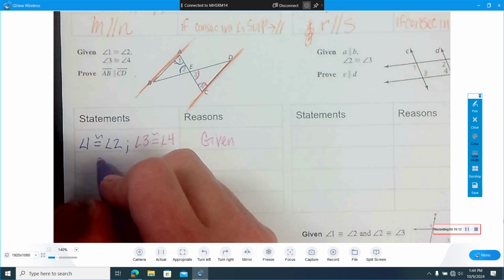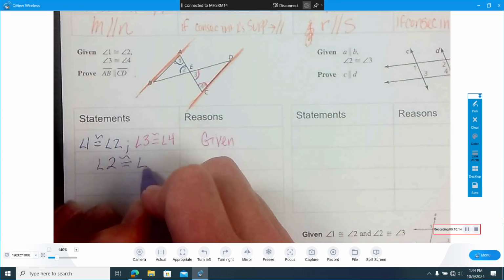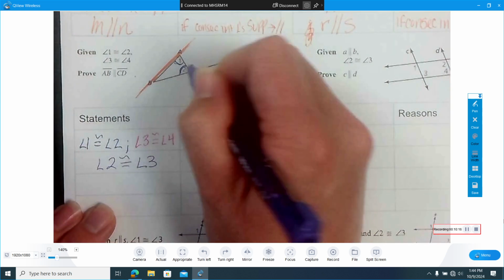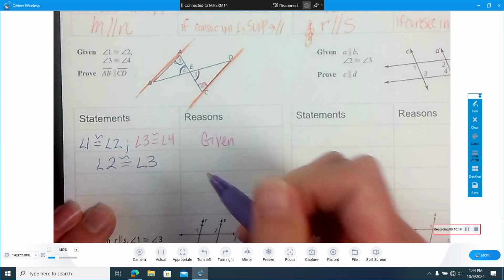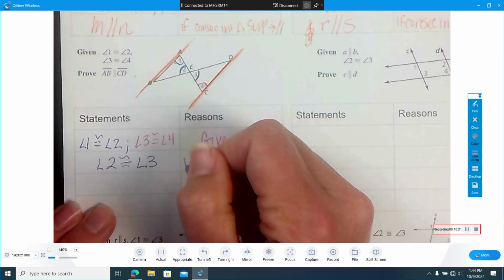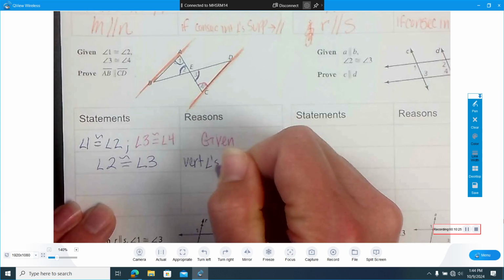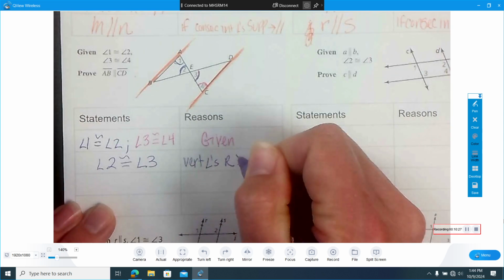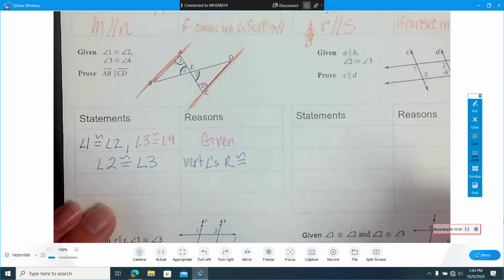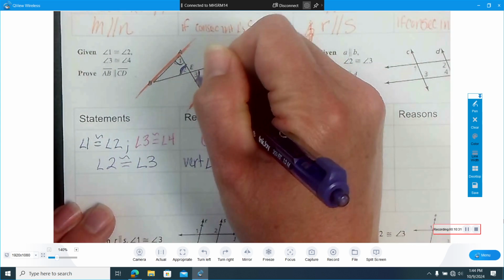2 is congruent to 3. Angle 2 is congruent to angle 3. Why? Vertical angles are congruent. Angle 2 and angle 3 are vertical angles.